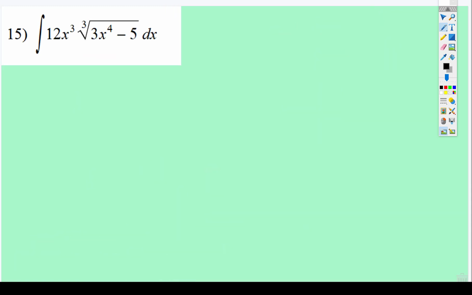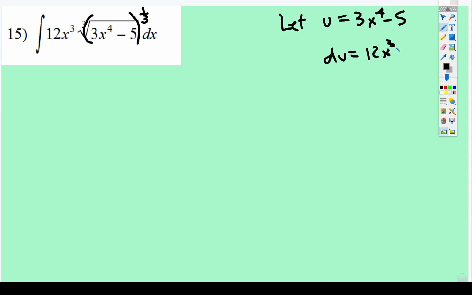All right. I think we're going to do one more and then I'll start a new video. All right. So now, even though that's under a radical, remember this means to the 1/3 power. So let u equal 3x to the 4th, subtract 5. du equals 12x cubed dx, which is great. And now all we have is u to the 1/3 du.